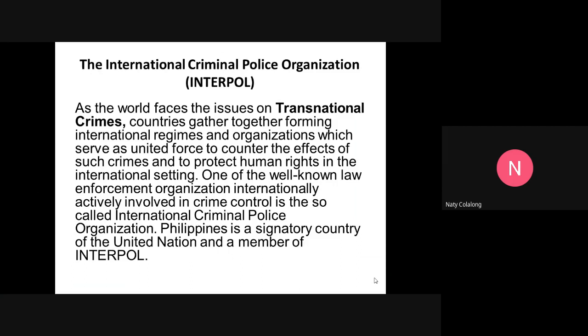One of the well-known law enforcement organizations internationally actively involved in crime control is the International Criminal Police Organization. We are very fortunate that our country, the Philippines, is a signatory country of the United Nations and a member of the Interpol.